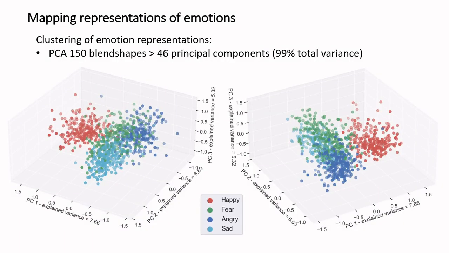Having mapped representations for these 4 emotions in a large number of participants, we can look at several things such as how these representations are distributed, whether they're clustered, and to what extent these clusters are separable. Principal component analysis run on participant blend shapes reveals fairly distinct expression clusters for all 4 emotions. We can quantify the separation of these clusters via machine learning.